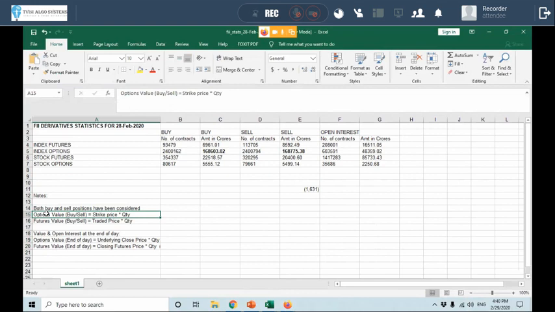Suppose they have bought 11,500; it shows as 11,500 into this quantity. So this value is not reliable. We need to see the premium amount, the premium into quantity. We don't need the strike price here. So while looking at this FII derivatives data, don't look at the amount figure.